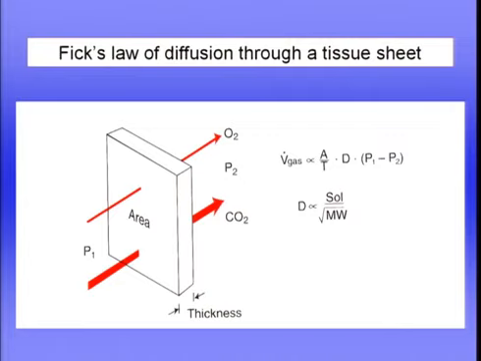But in addition to that, the diffusivity depends on two factors which are shown here. First of all, we've got the solubility of the gas. Now that makes sense because in order for oxygen or CO2 to diffuse across the barrier, first it's got to dissolve in the contents of the barrier, and obviously, the more that dissolves, the more likely you are for diffusion to occur.